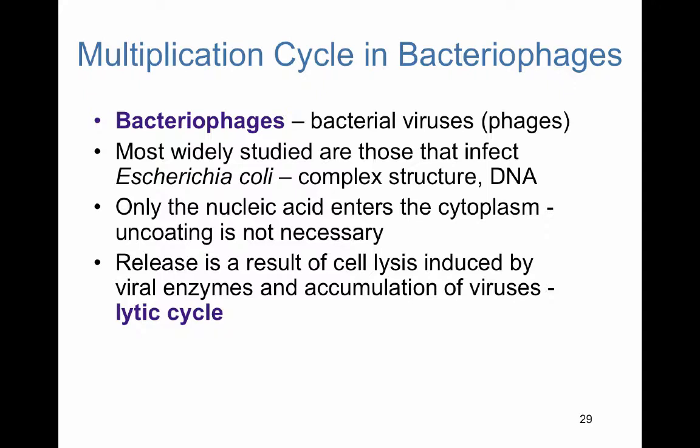I talked about the commensal microbiome. So there are some phages that could infect those cells. The most widely studied are those that infect E. coli. And what I would like you to remember is that bacteriophages are specific to certain types of bacteria. So not all bacteriophages can infect every bacterial cell. So they are unique in that sense.